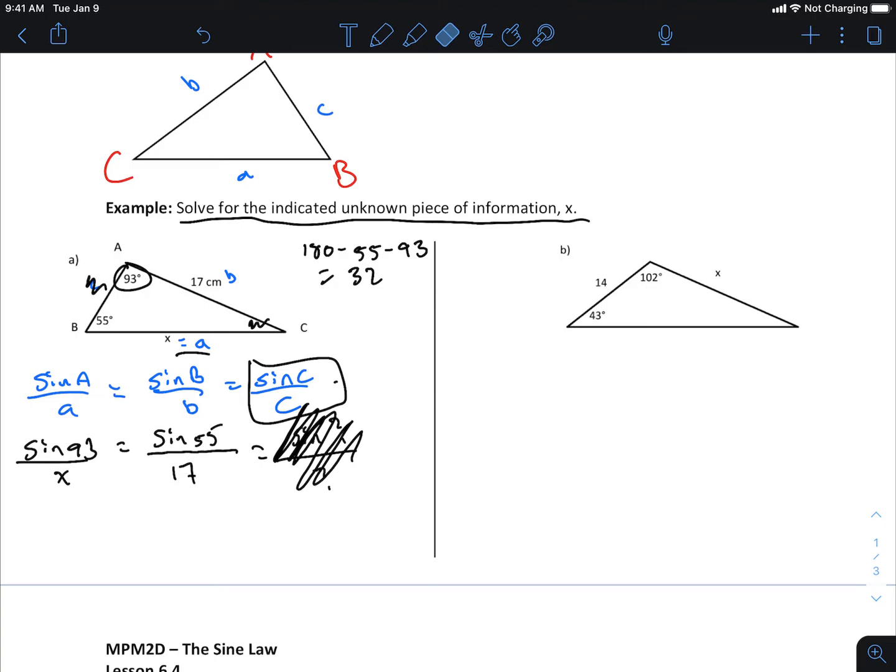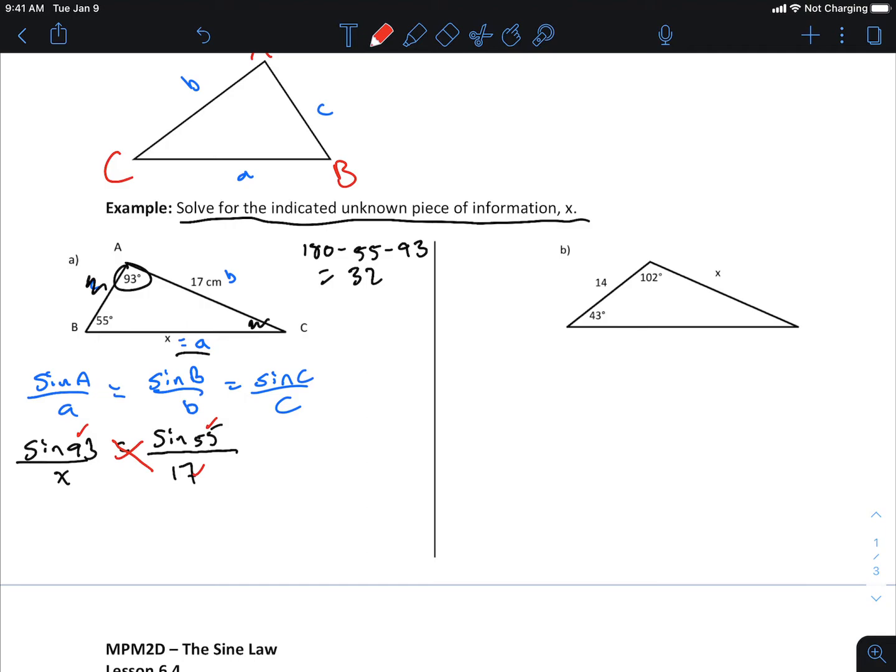Now, I know how many pieces of information? 1, 2, 3. I know 3. Find the 4th. Here's the next step. It's our handy cross multiply. That's how we get rid of fractions across an equal sign.